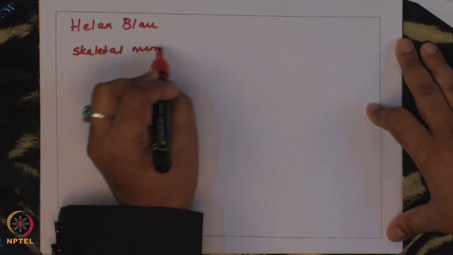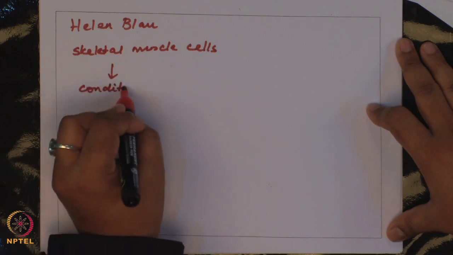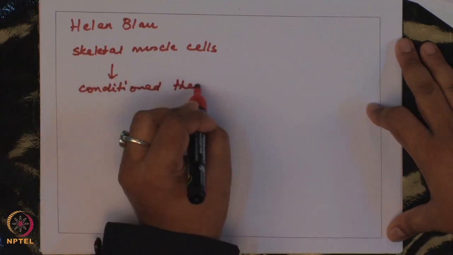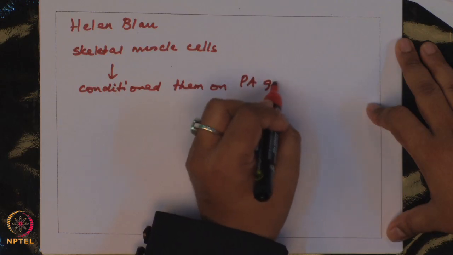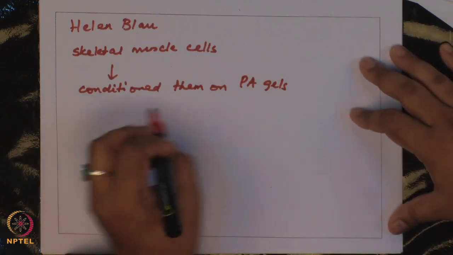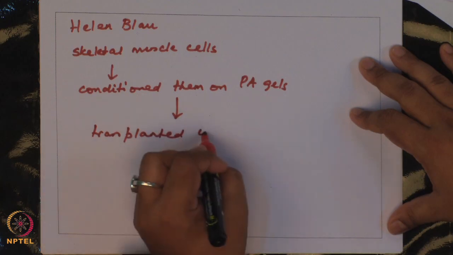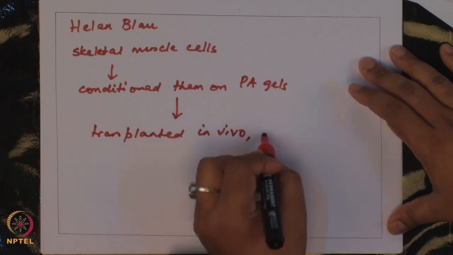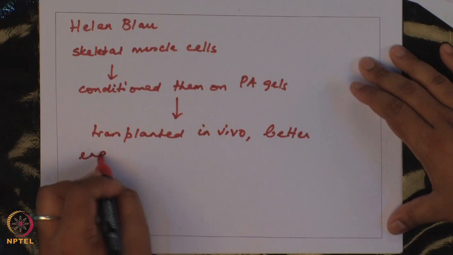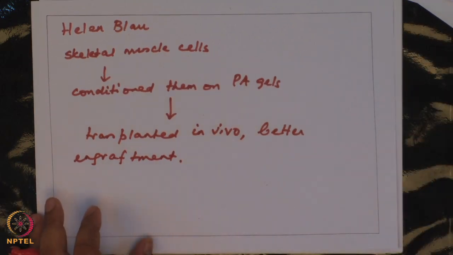She took skeletal muscle cells once again, conditioned them on PA gels which mimic the tissue stiffness of muscle, and she showed that these cells when transplanted in vivo exhibit better engraftment. Okay. So, all these studies suggest that cells tend to have a preference for certain kinds of environments.